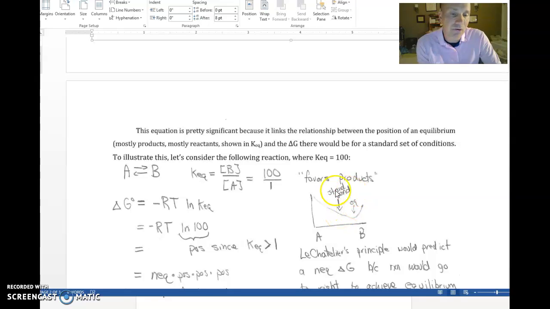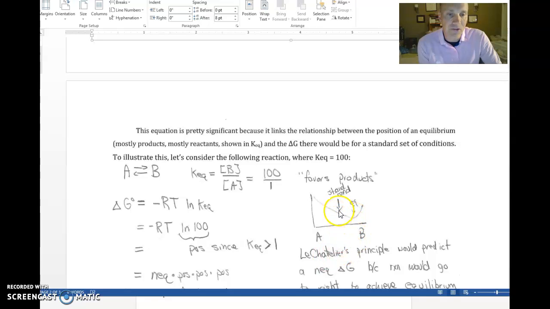So let's look at this and think about what we would predict based on Le Chatelier's principle. If we know that this is where the equilibrium wants to be, but this is where we actually are, then what would be the tendency? Well, it's going to want to move towards that equilibrium.